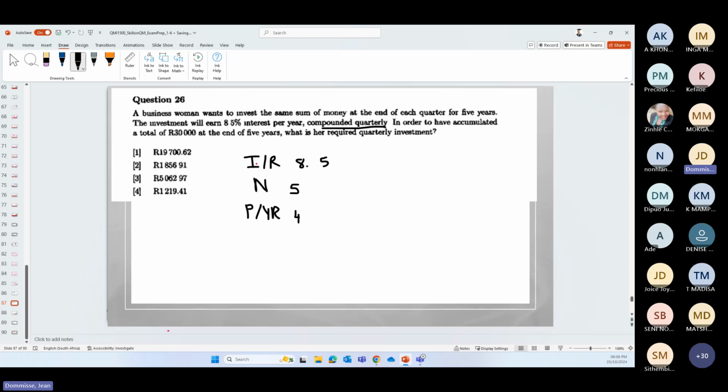In order to have accumulated a total, so in order to get a future value of 30,000, how much is she needing to invest at the end of each quarter? So basically here we need to work out what is the PMT.